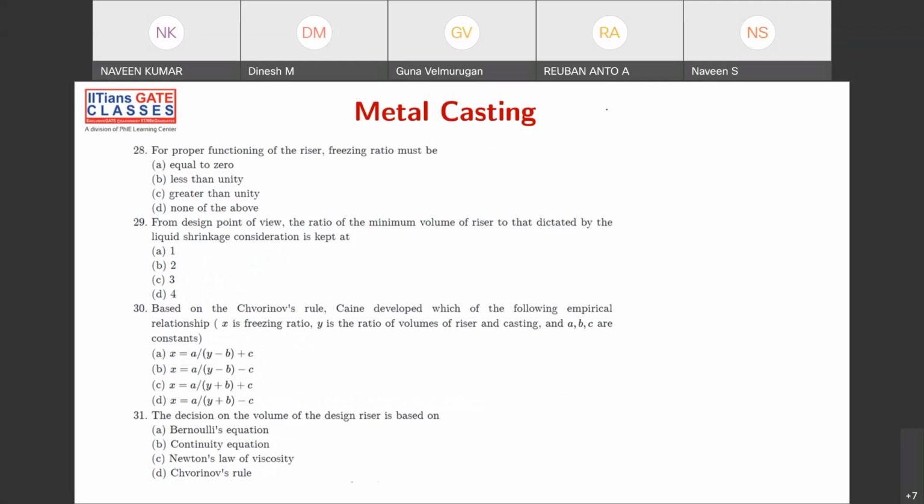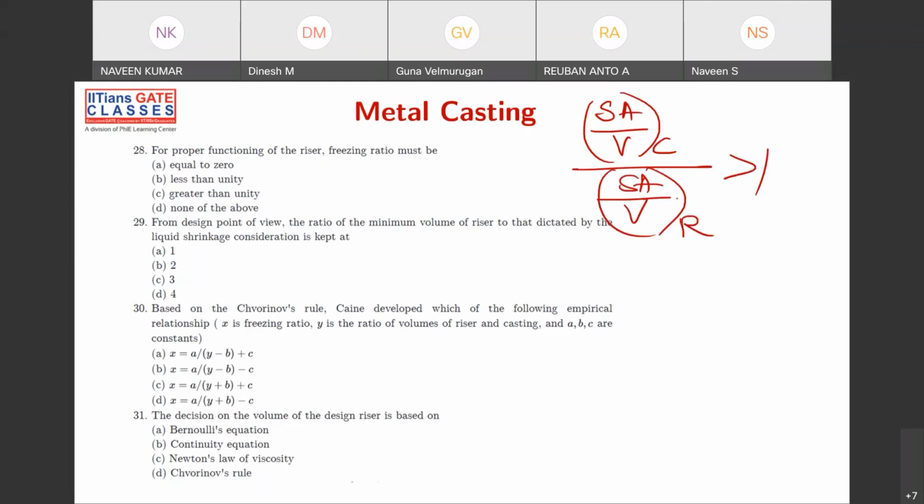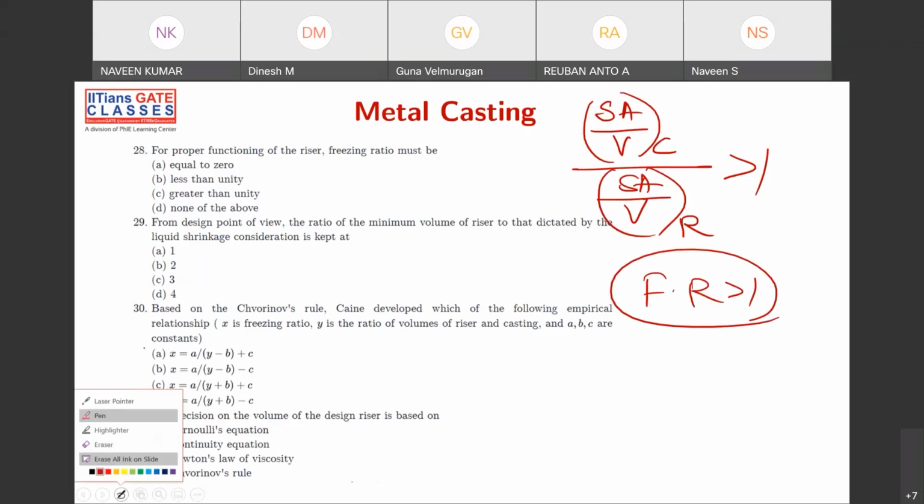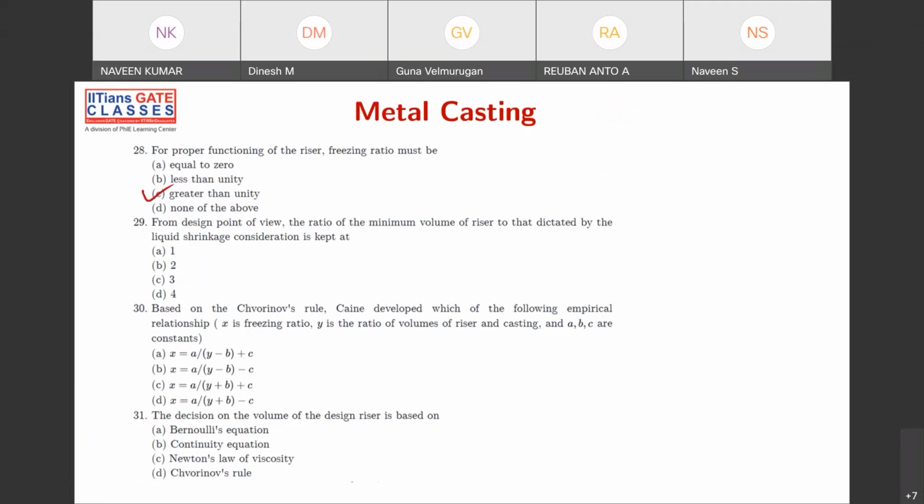Clearly, I told you, the surface area by volume of the casting by the surface area by volume of the riser should be greater than 1. Obviously, the freezing ratio should be greater than unity. The answer is C.